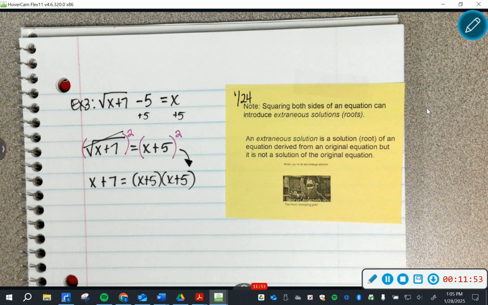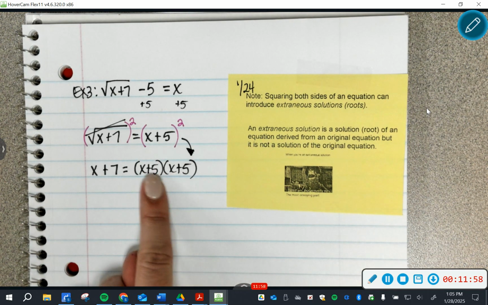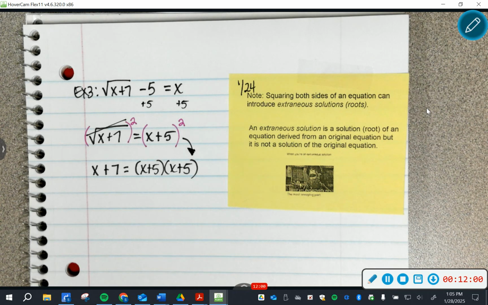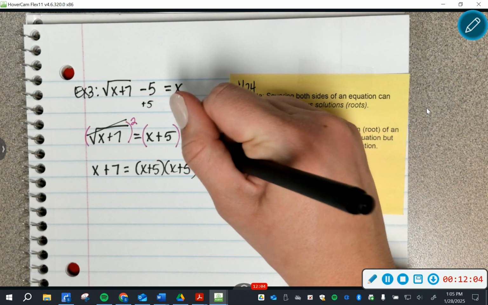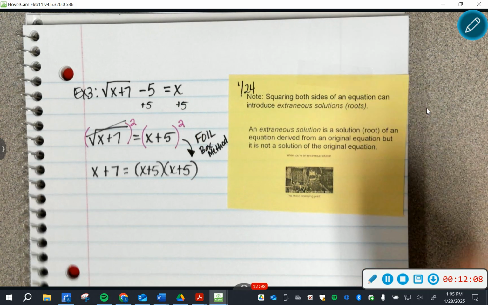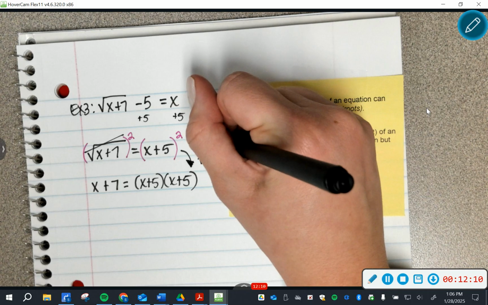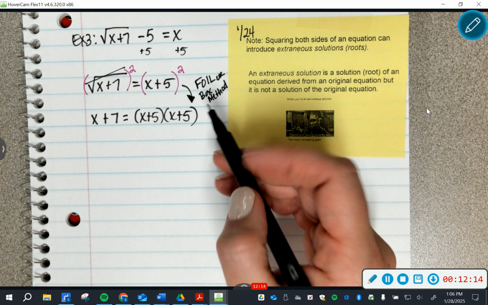And then you got to remember, okay, well, how did we multiply that? To multiply something like this, you either do FOIL or the box method. Remember this? And you pick whichever one you're more comfortable with. I remember we were comfortable with the box.